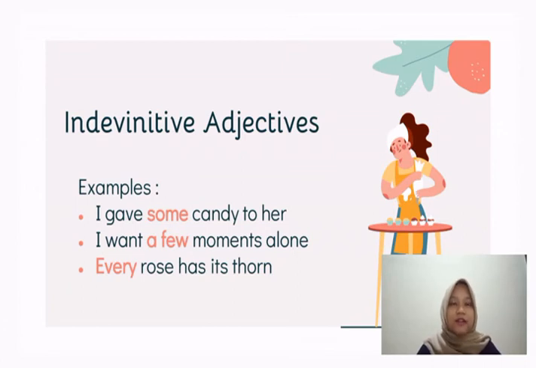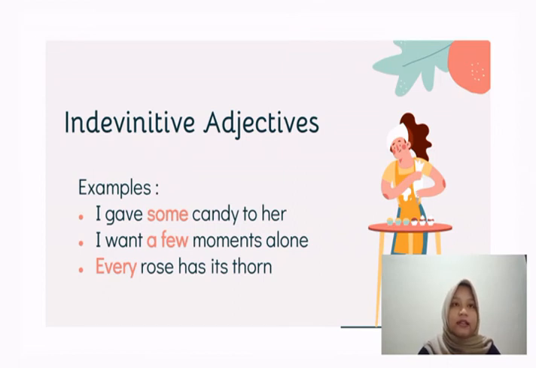The first we have is, I gave some candy to her, and the indefinite adjective here is some because it provides unspecific information about the noun. The noun here is candy. And the next is, I want a few moments alone.